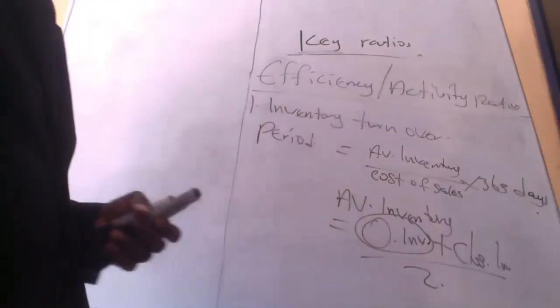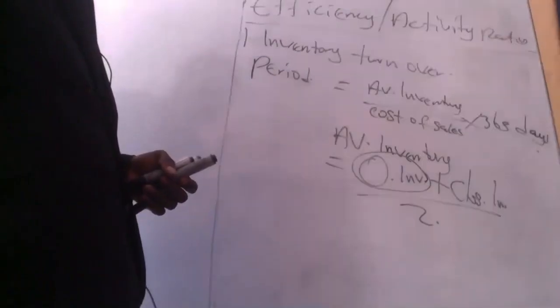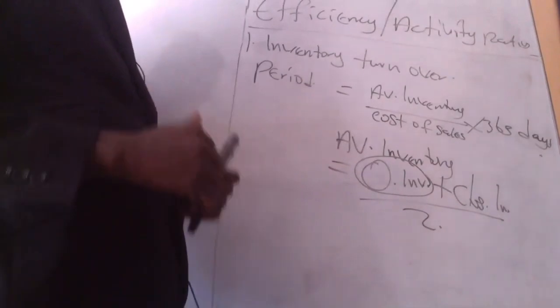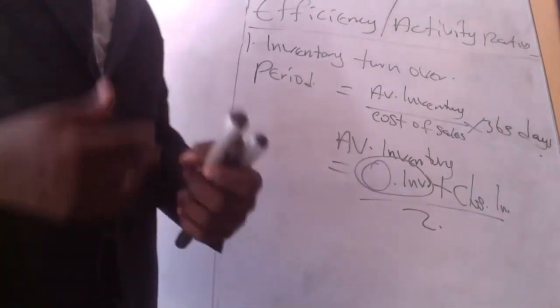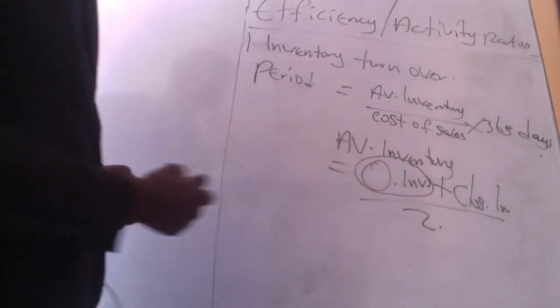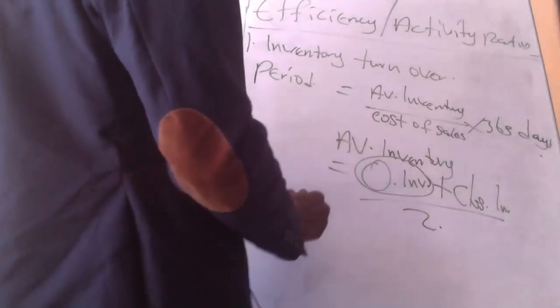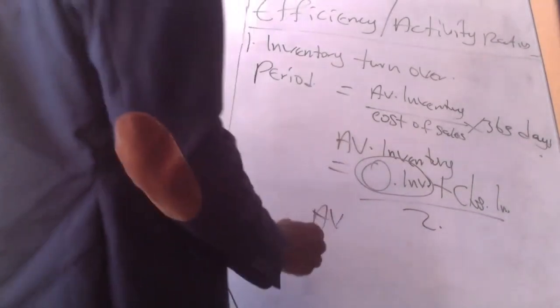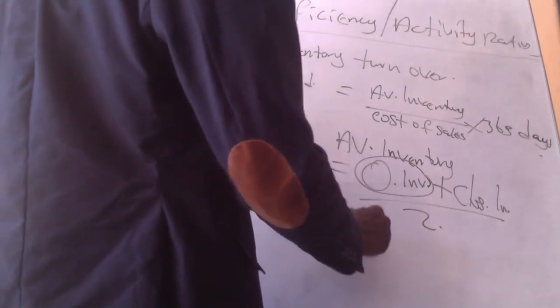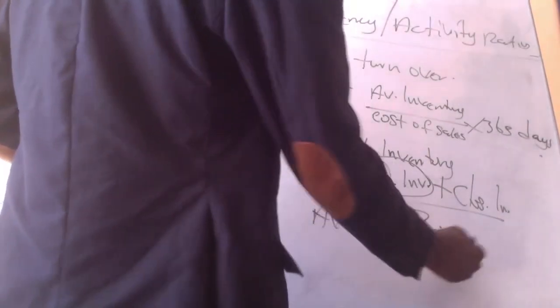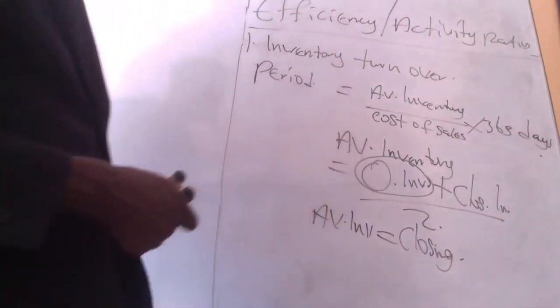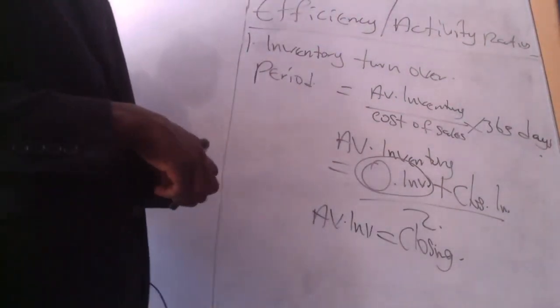If the open inventory is not given to you, do not assume 0. Instead, pick the closing inventory, so that the average inventory will be equal to just the closing inventory, not divided by 2. So take note for us. The closing inventory is what is used when the open is not given.